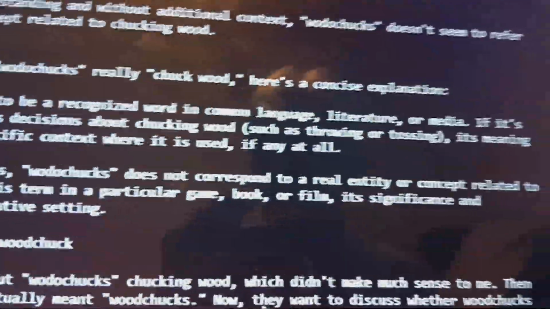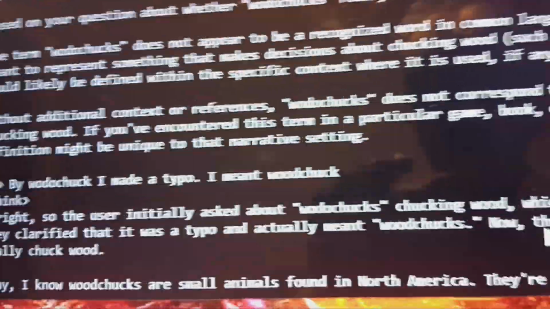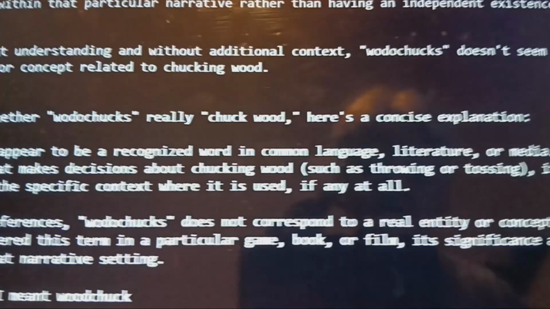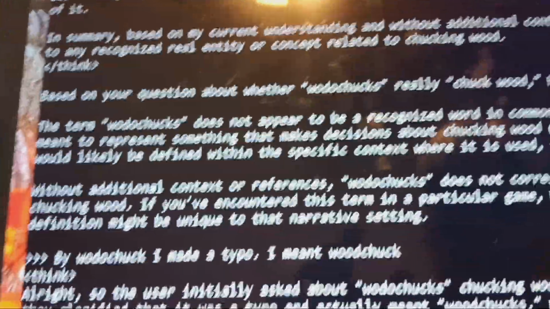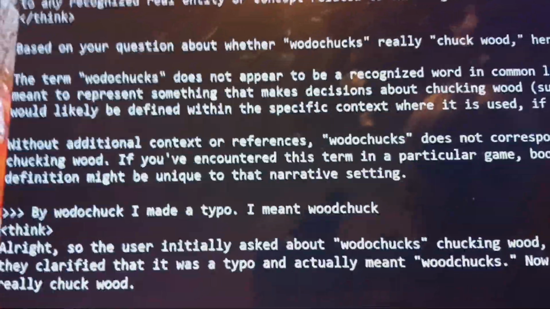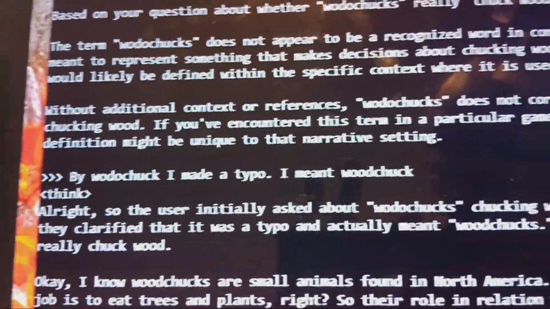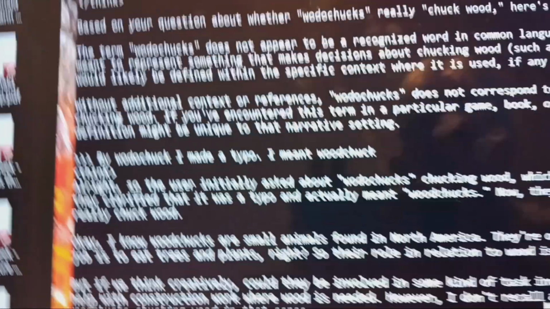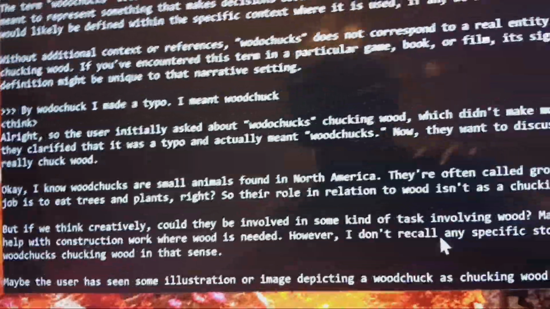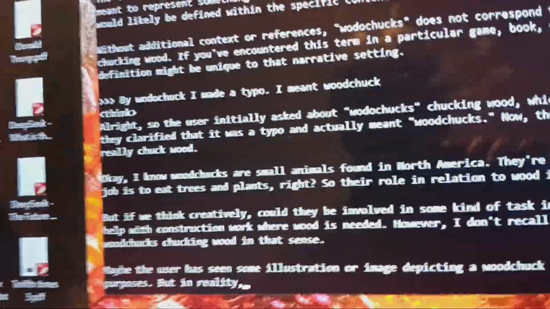Now they want to discuss whether woodchucks really chuck wood. You see how it does know what woodchucks is, but it wasn't able to fix the spelling error on both spellings. However, it's amazing. Can they carry wood? Carry logs? Apparently hasn't seen the Geico commercial.